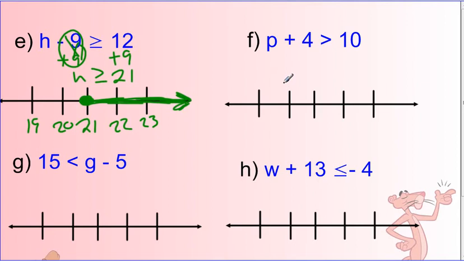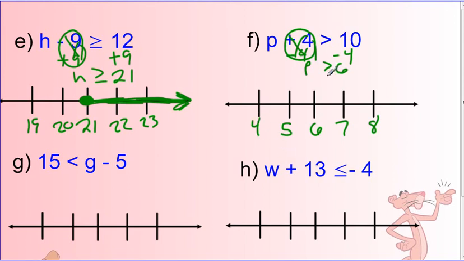Letter F. Let's see, p plus 4. Well, the way we get rid of a plus 4 is we subtract 4. These cancel out. P is greater than 6. So we put the number in the middle, getting bigger, getting bigger, getting smaller, getting smaller.